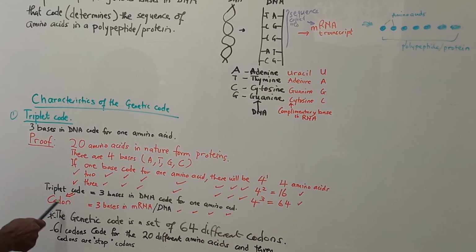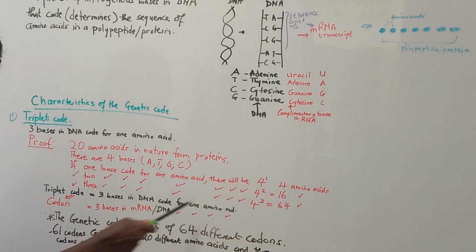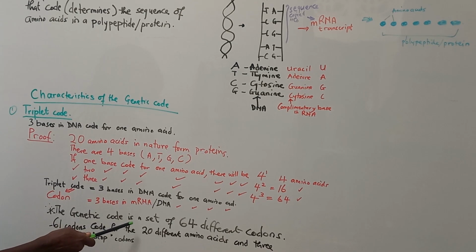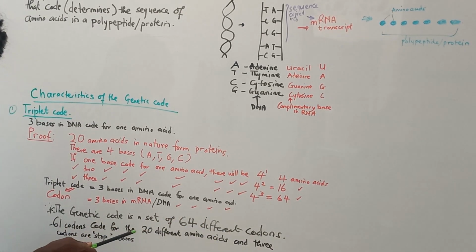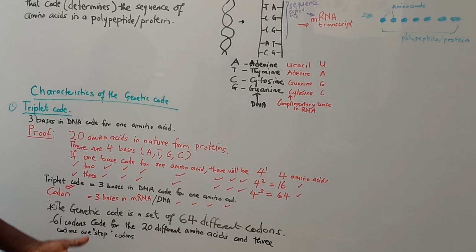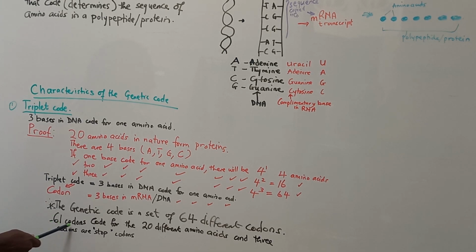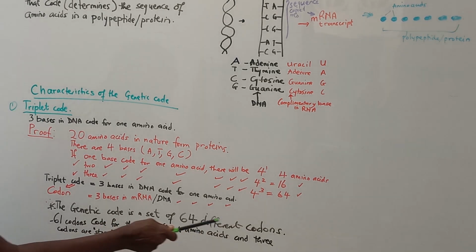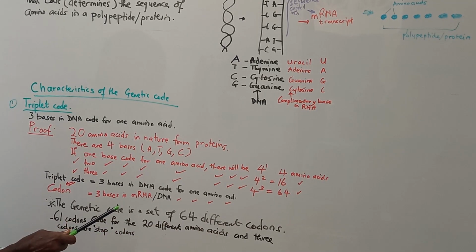If we have 64 codons, then the genetic code can be said to be a set of 64 different codons that code for amino acids. And yet it has been found that only 61 codons code for the 20 different amino acids, and 3 codons are stop codons. We'll talk about that soon.